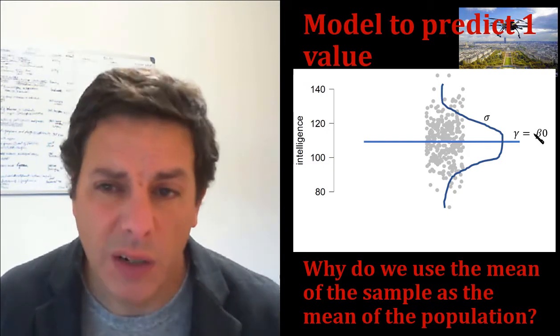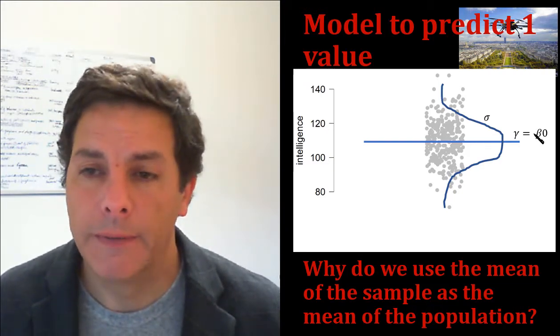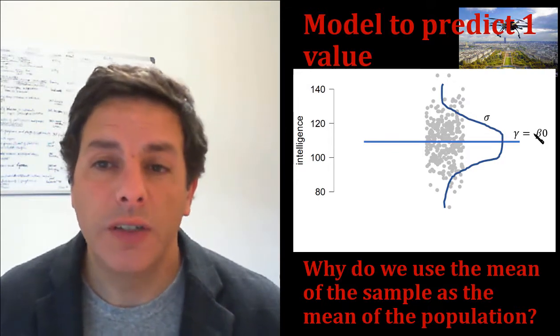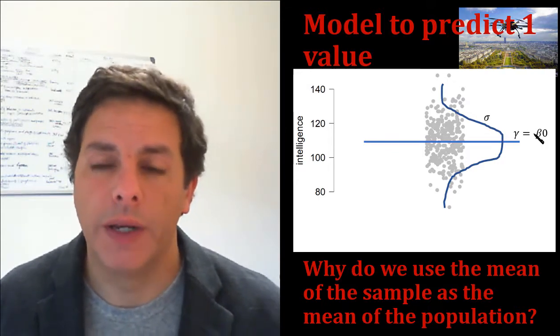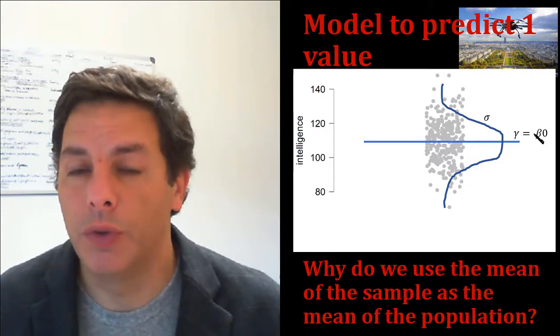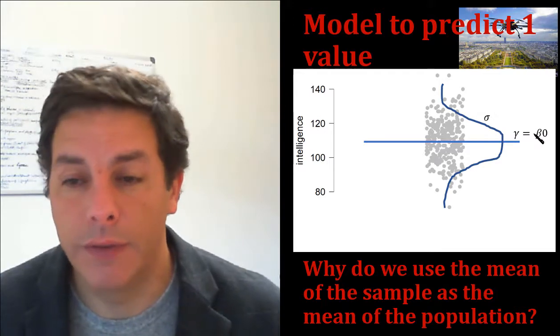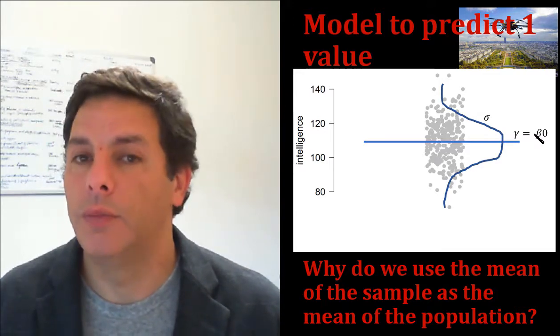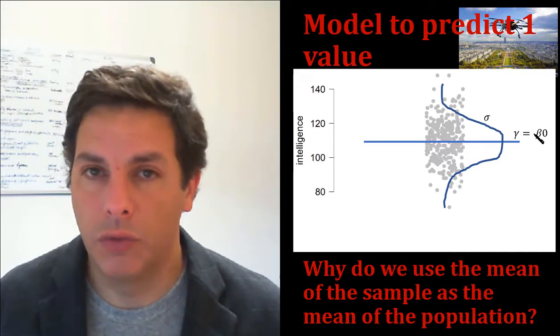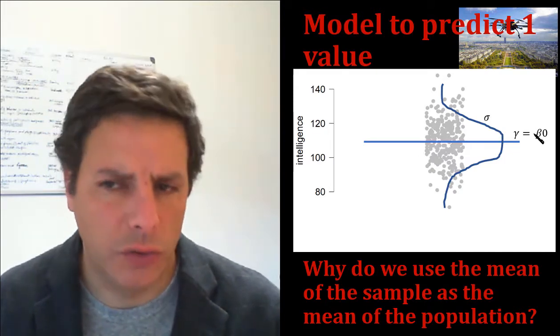Now, why do we use the mean of our sample? Well, the statisticians have worked on this for many decades, even before computers were invented, and they were doing these simulations sometimes by hand and sometimes trying to make approximations.